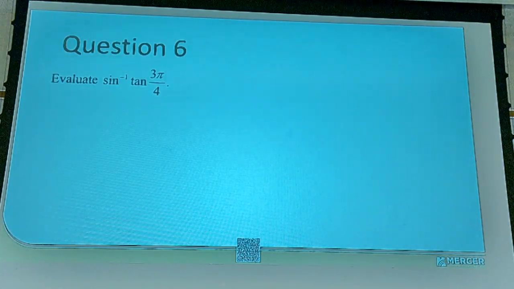Inverse sine of tangent of 3 pi over 4. What is the tangent of 3 pi over 4? We're looking for tangent.